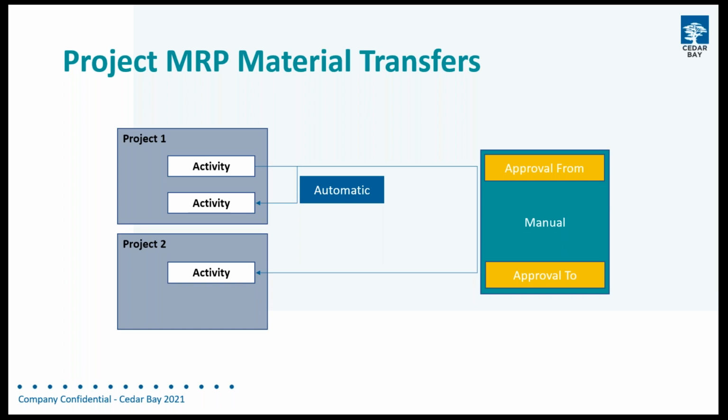So we're connecting to a supply, we've got demand, we're connecting to a supply, and then when that supply is received, we'll move that over into the appropriate activity. The other case that I've got here is if I'm moving between projects, maybe I want to have a manual requisition process that requires the approval of the project manager of project one and the approval of the project manager in project two, because we may want the project manager on project one to verify that he has got available inventory, that it's not going to be used for some other purpose, or he's got some other reason for holding on to that.